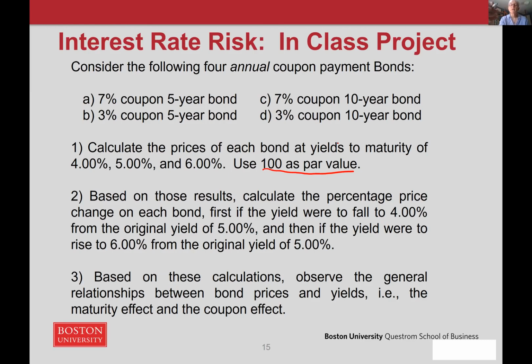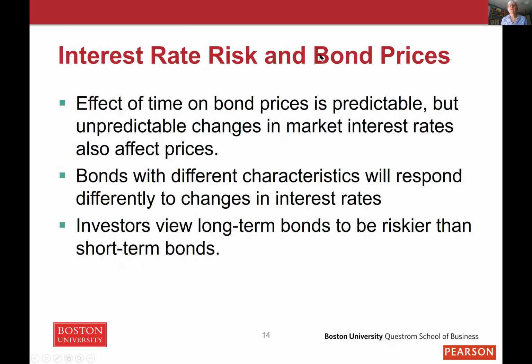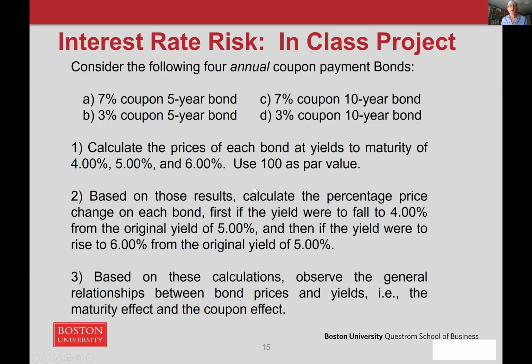So you know what your future value is, you know what your payment is, and you know what N is for each one of these bonds. So one of the ways to get good at thinking about how to use your calculators efficiently is to put those numbers in there and then do the calculations for 4%, 5%, 6% on that bond. All you're doing is changing the interest rate and getting a new present value. These are all annual, so you don't have to adjust the calculations.